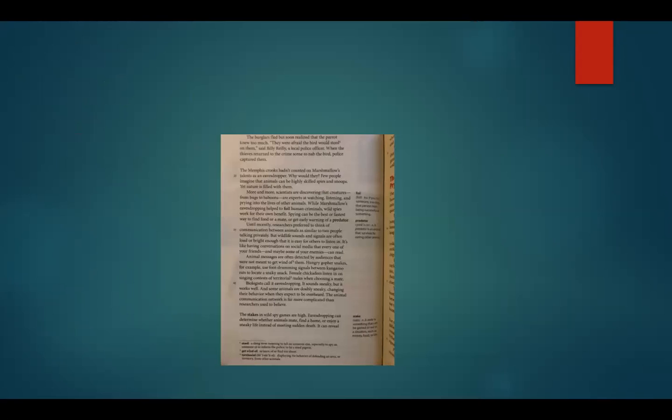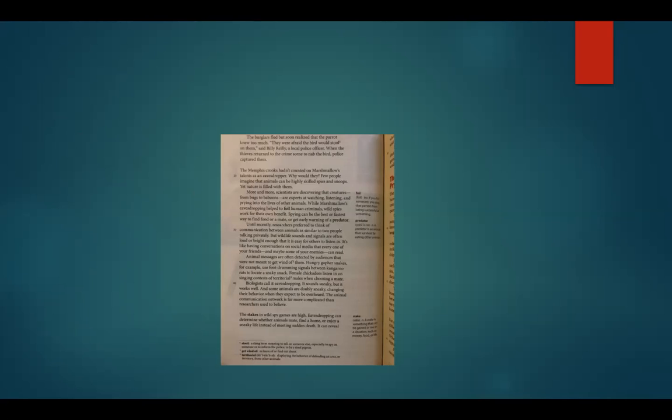Few people imagine that animals can be highly skilled spies and snoops, yet nature is filled with them. More and more scientists are discovering that creatures from bugs to baboons are experts at watching, listening, and prying into the lives of other animals. While eavesdropping helps to foil human criminals, wild spies work for their own benefit. Spying can be the best or fastest way to find food or a mate, or get early warning of a predator.